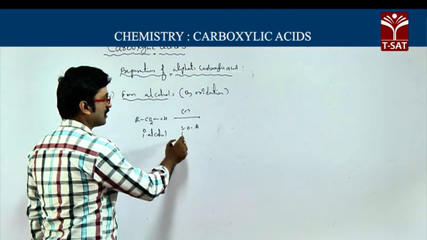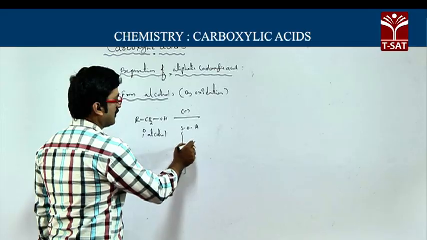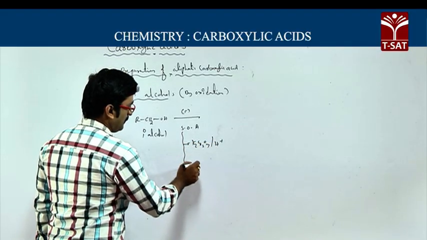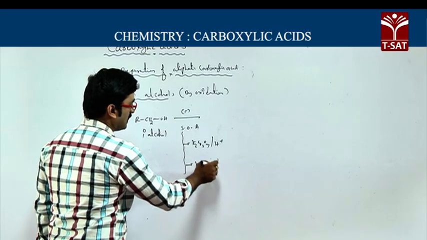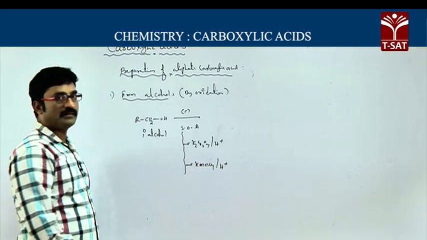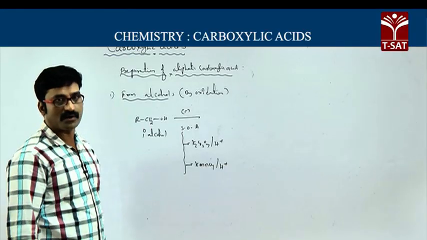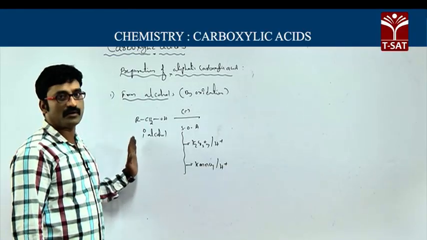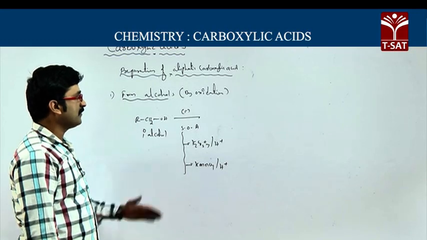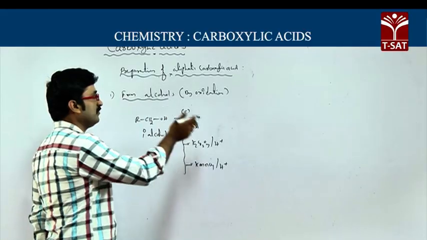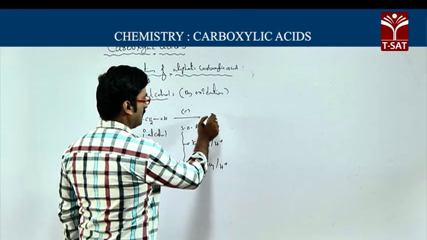You know, what are the strong oxidizing agents? K2Cr2O7/H+, KMnO4/H+. These substances are used as strong oxidizing agents. So, primary alcohols on oxidation in the presence of a strong oxidizing agent will be oxidized to aldehydes.